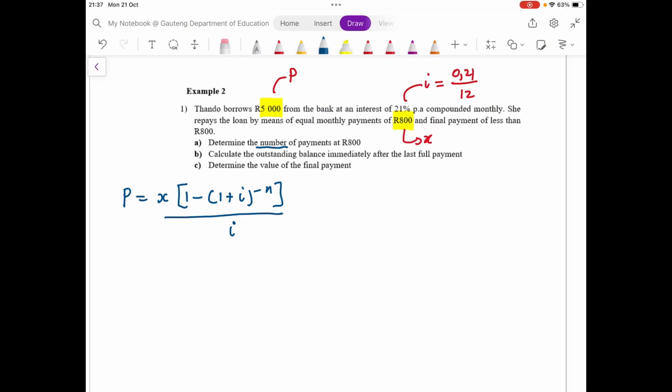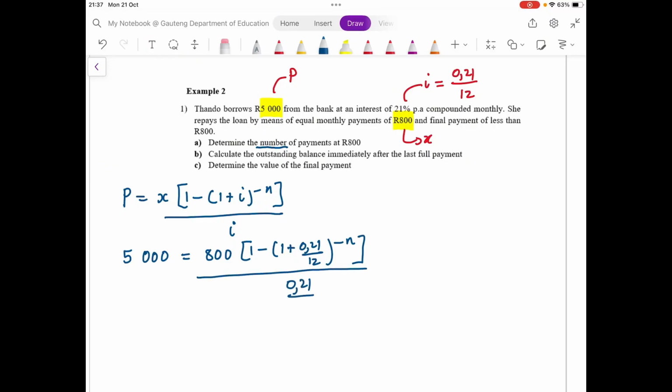And then from here, it will be substitution. If I substitute, our P is 5,000, which is equal to our X, 800, into 1 minus 1 plus 0.21 over 12 to the exponent negative N, all divided by 0.21 over 12.